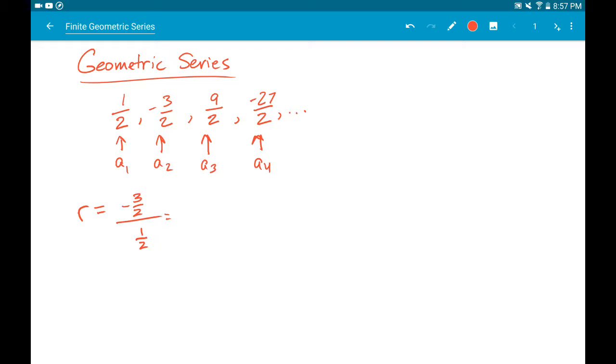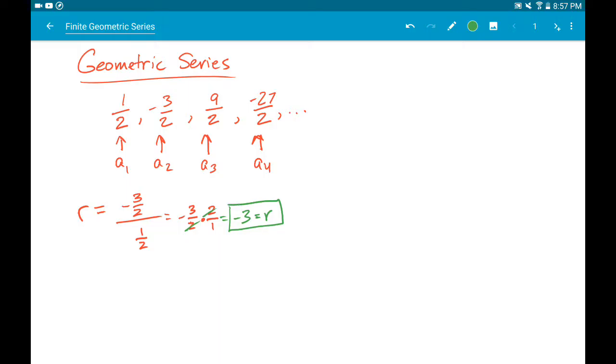Again, when I divide by a fraction, I can also multiply by the reciprocal. And in this particular example, my 2's can be simplified, and it looks like my ratio is -3.